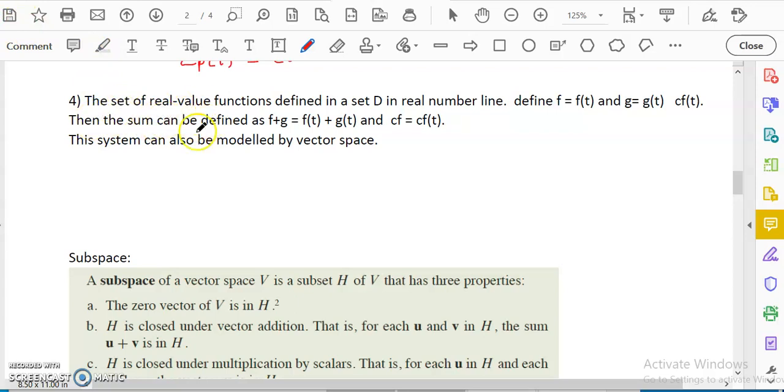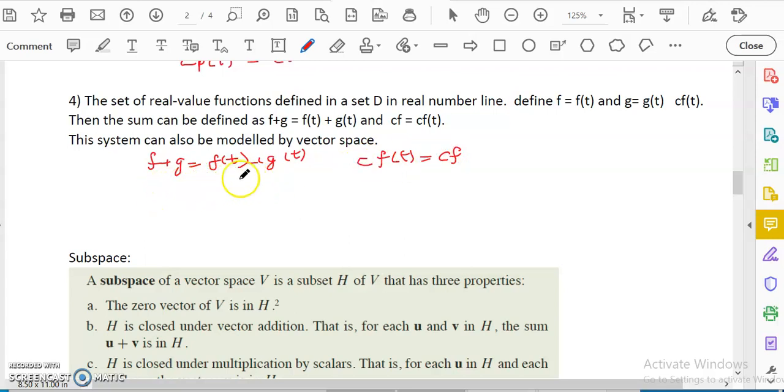The next one is the set of real-valued functions. We have two real-valued functions as two objects in a vector space. They all have the same domain set D. I can add the two functions together, that is equal to f of t plus g of t. That is the sum. And I can define c times f of t as cf.